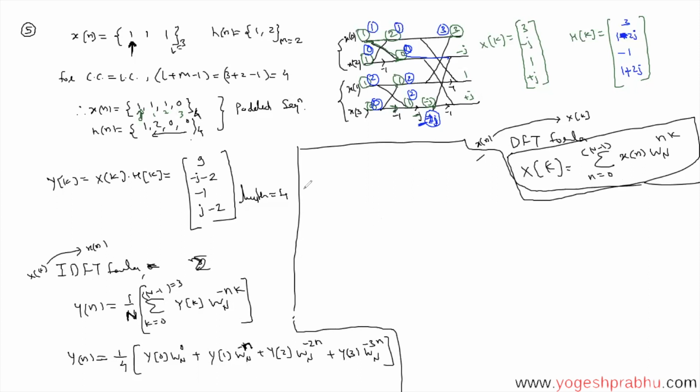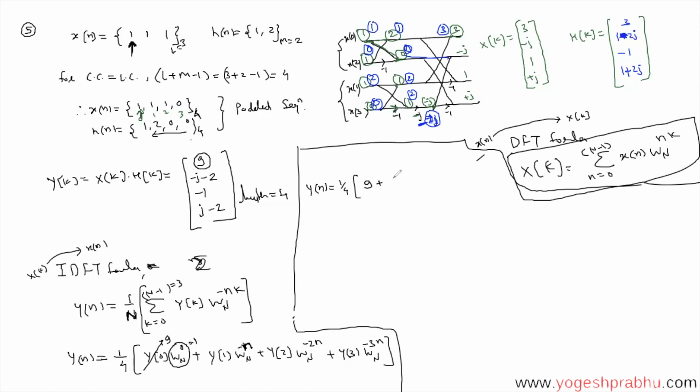Tell me. y[n] equals 1/4. This whole thing is... sorry, Y[0] is not 1. Y[0] is 9, right? This value. Yeah, this is 9, then W_N to the 0.